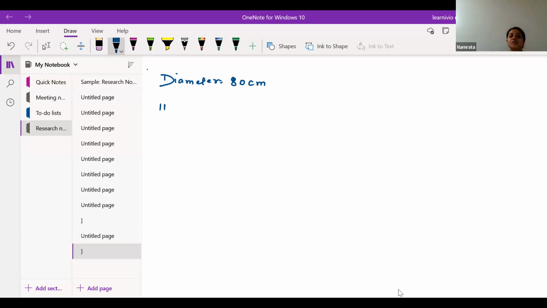So how many revolution each wheel will make in 10 minutes?